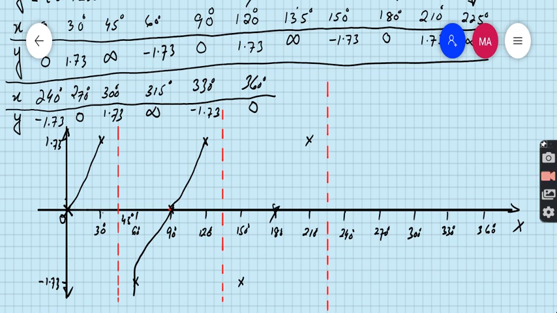Join these 3 points and these 3 points. The second red line occurs at 135 degree. The third red line occurs at 225 degree.